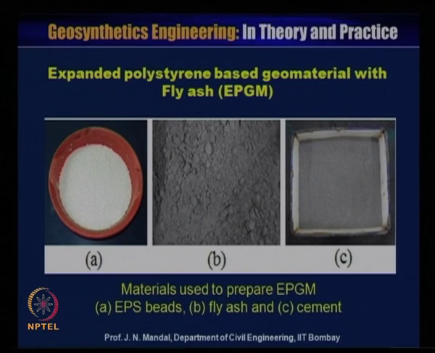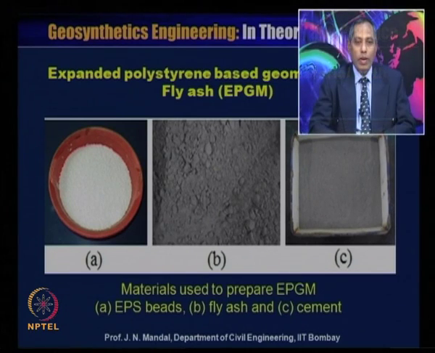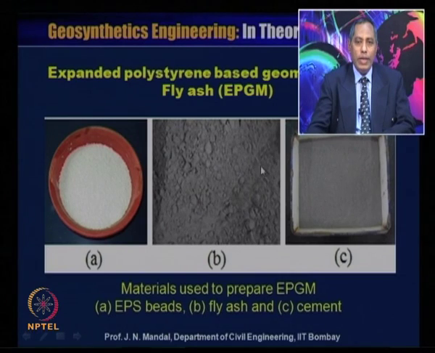To prepare the EPGMA, here are the expanded polystyrene beads, white in color, this is the fly ash, and this is the cement. We use all these three materials to produce a new exciting geomaterial, which we call EPGMA.